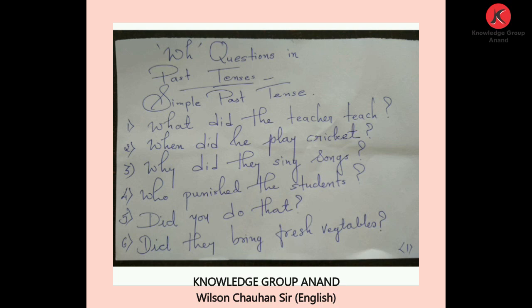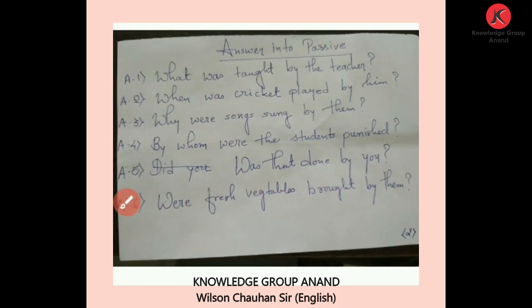When it is simple past tense and we have asked a question with did, when it needs to be changed into passive, we use either was or were. So this is the answer: What was taught by the teacher? That is the answer for the first sentence of simple past tense.